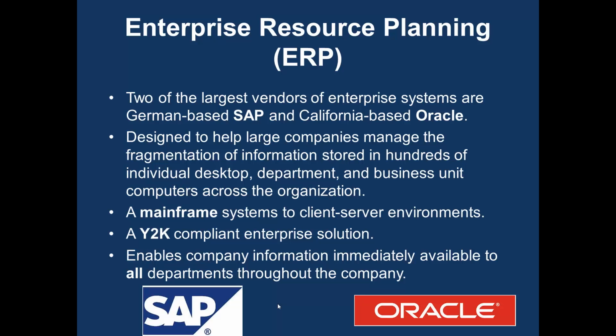SAP has done the same. SAP grew as an ERP system mostly related to manufacturing. They have since bought a lot of additional software, including business analytics software, more into the database and data analysis side of things. So it's interesting to see these two competitors and what they're doing.